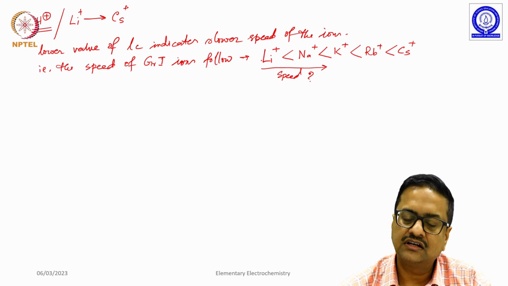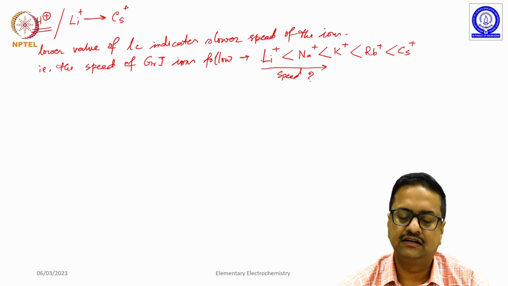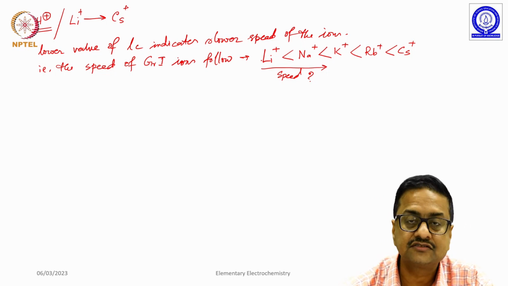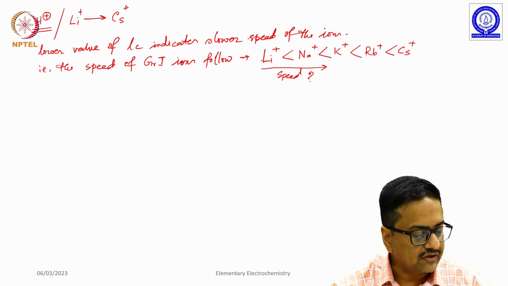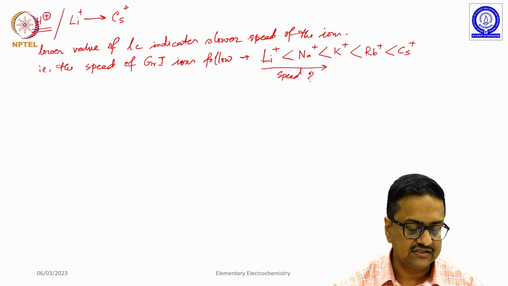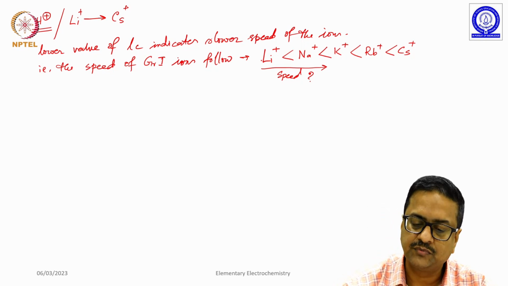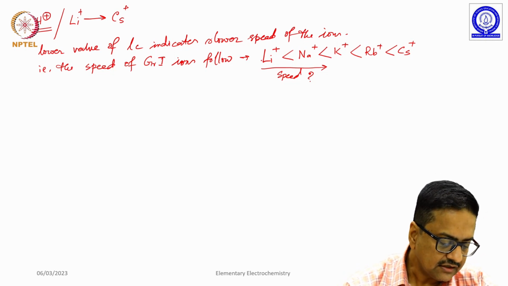So, if you consider that concept, then lithium plus should have the highest speed and cesium plus should have the lowest speed. But here again this situation is totally reverse from the values of ion conductance that we see. That means it looks like lithium has a very slow speed and cesium has a high speed, right.